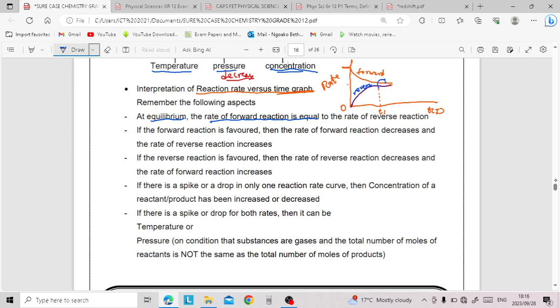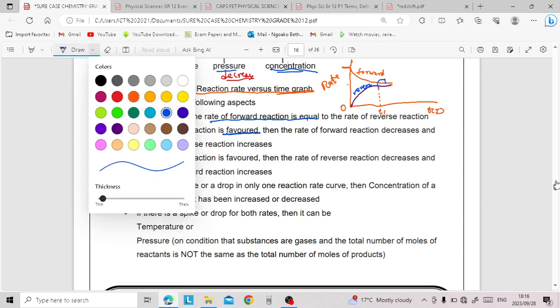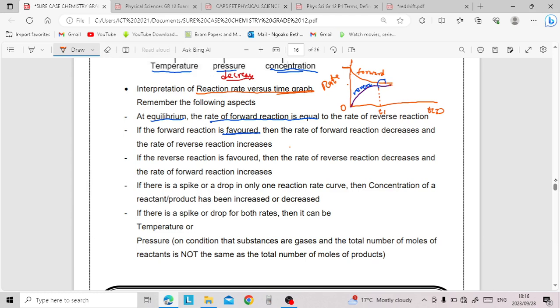If the forward direction is favored, here's the forward direction above there. Now we'll see what is happening. If the forward direction is favored, then the rate of the forward direction must decrease and the rate of the reverse direction must increase.